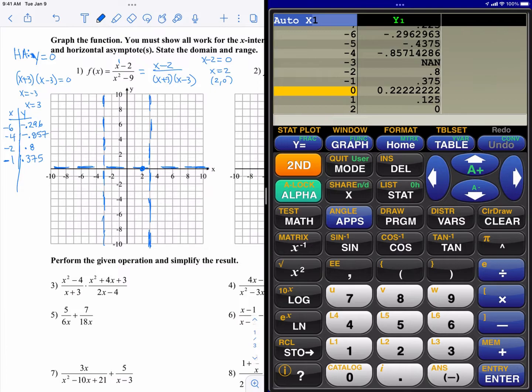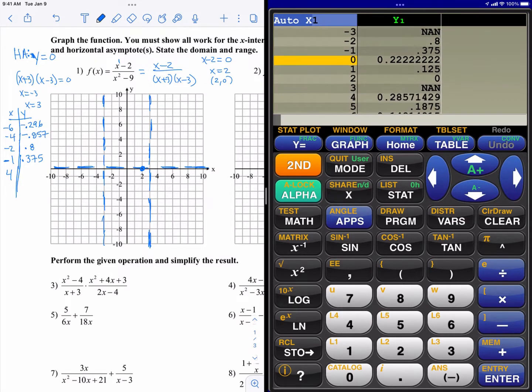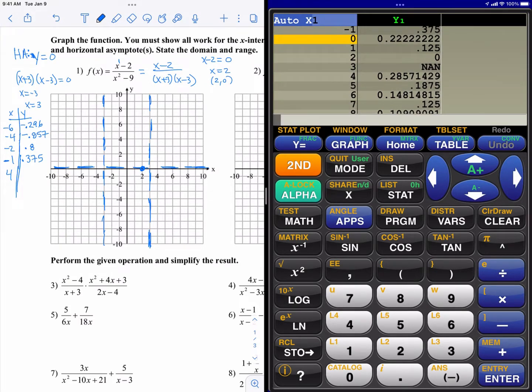Now let's pick some points to the right of positive 3, so maybe 4 and 6. When x is 4, according to the table, the y value is 0.286, and when x is 6, the y value is 0.148.